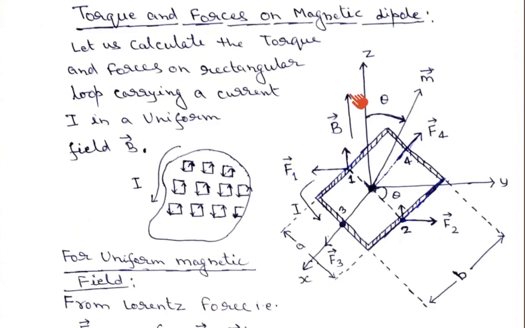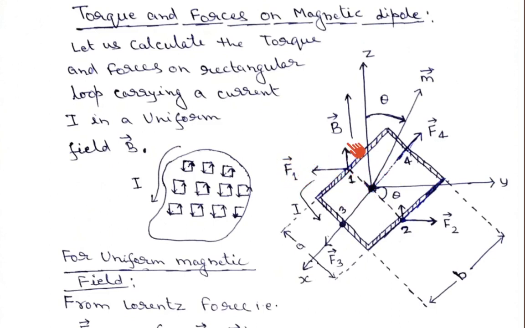So if we try to understand how much force will act on the rectangular magnetic dipole, let us label the sides: this is side 1, this is side 2, this is side 3, and this is side 4. Current is flowing in this direction, and then we can calculate how much force will be acting on this dipole.